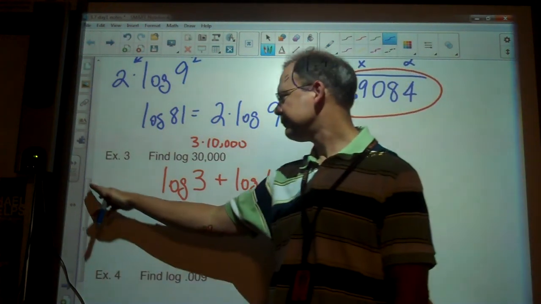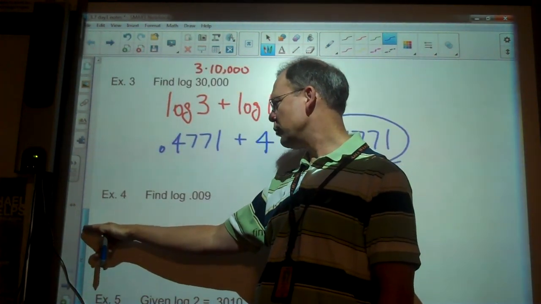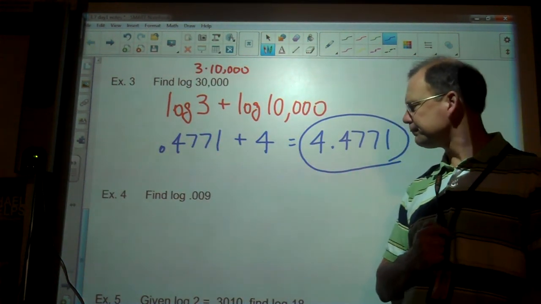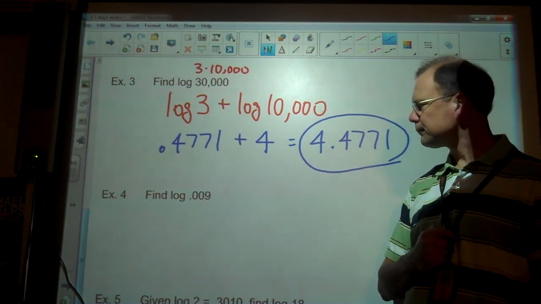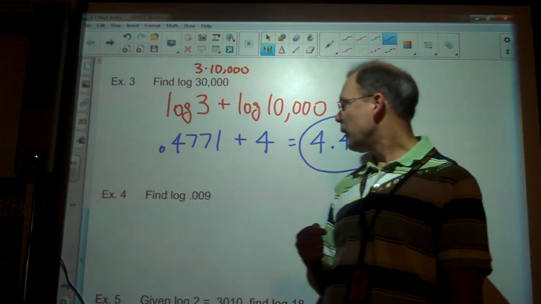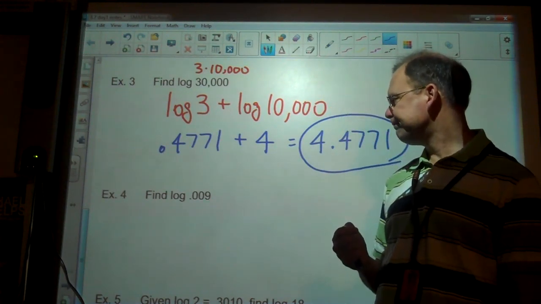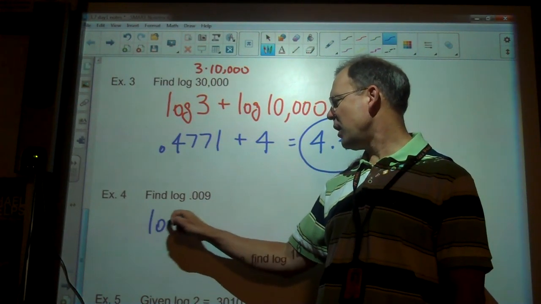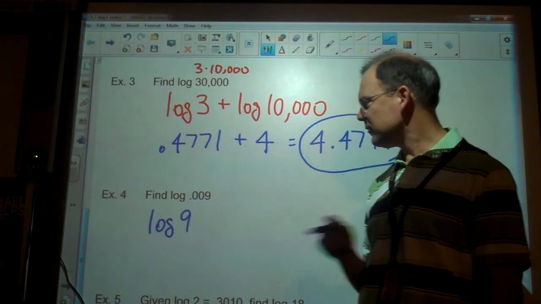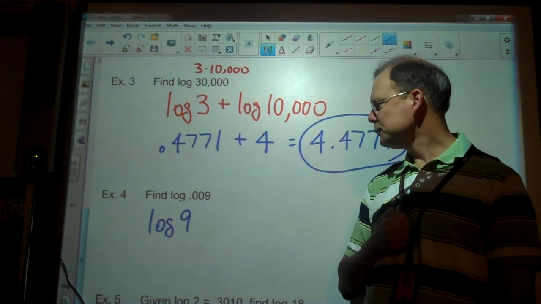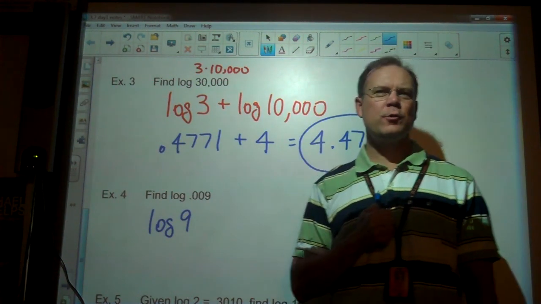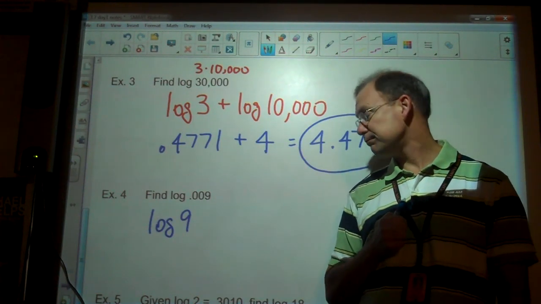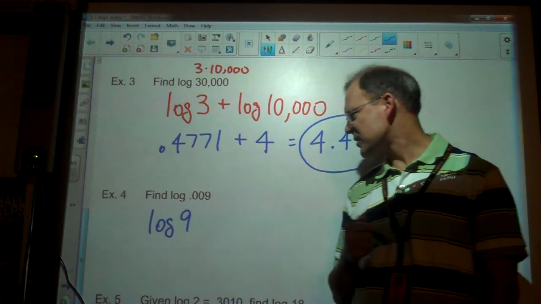Okay. Oh boy. 2 left. Okay, example 4. So this is the log of .009. I guess you have a choice here whether you want to think multiplication or division. I guess it's kind of up to you.